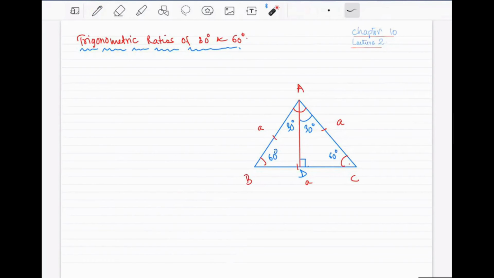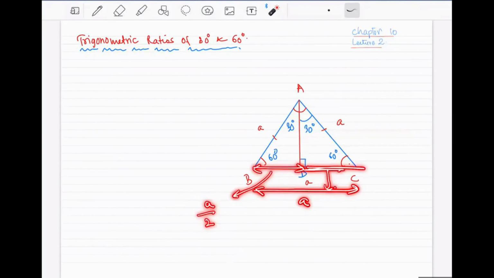And one more thing, how much was the length of this? We have said this is A, right? The A will be divided into two equal parts by this point D. This is one part, this is one part, both are equal. If this whole thing is A, then if you divide it into two parts, we get A by 2 here, and this portion right here will also be A by 2.